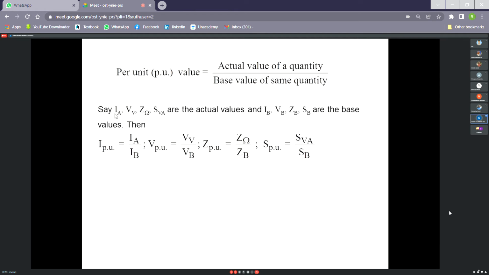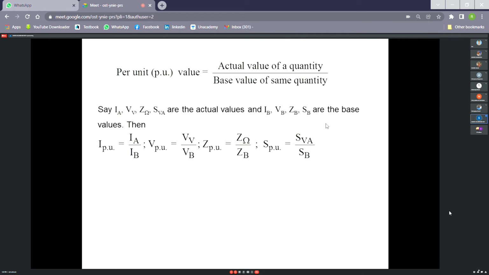say I in amperes, V in volts, Z in ohms, S in VA are the actual values. Actual values mean that you are measuring them in meters. I for current, V for voltage. I hope you can understand. Then the suffix B indicates the base value. So IB, VB, ZB, SB are the base values.